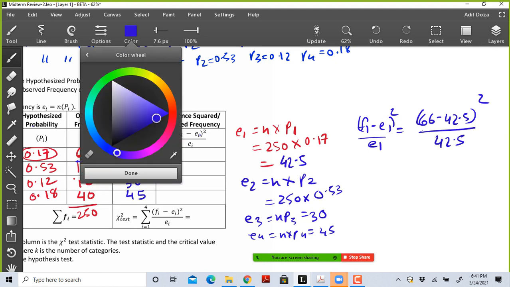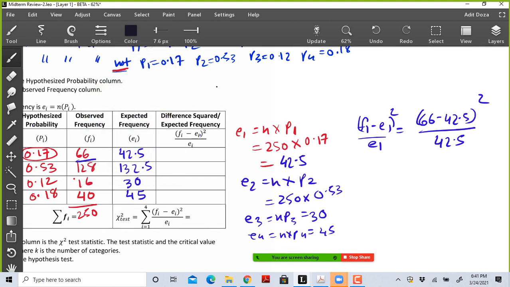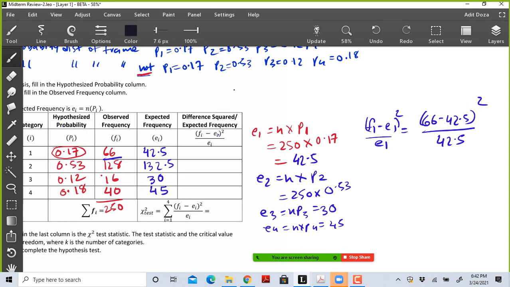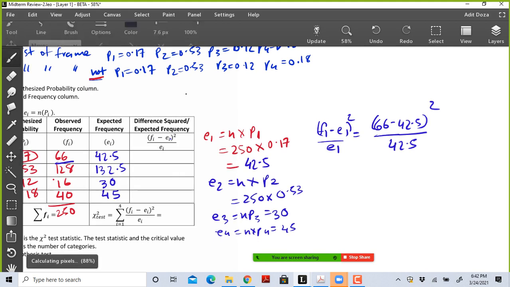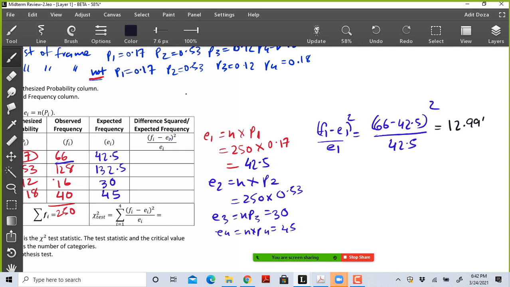You will get 12.9941. Then you do for all of them.